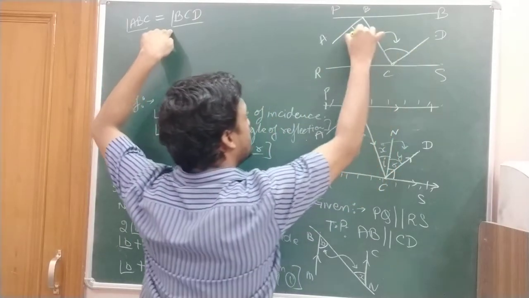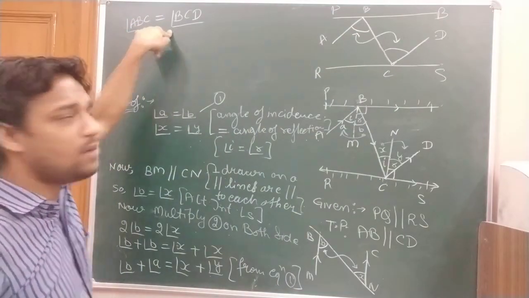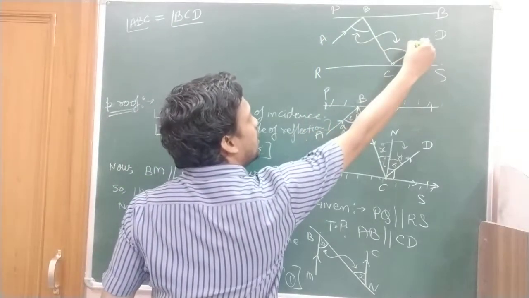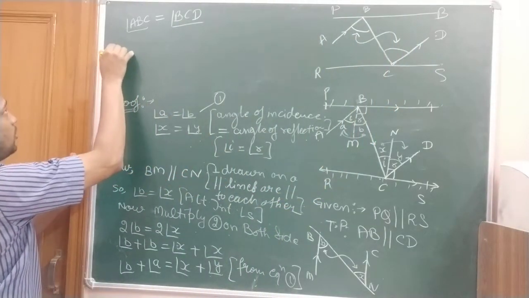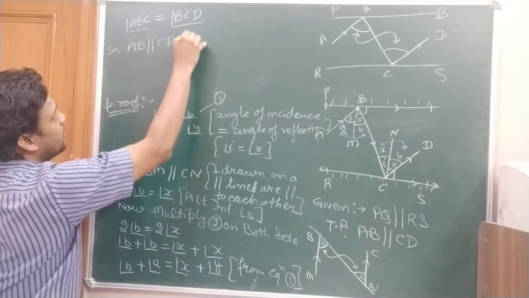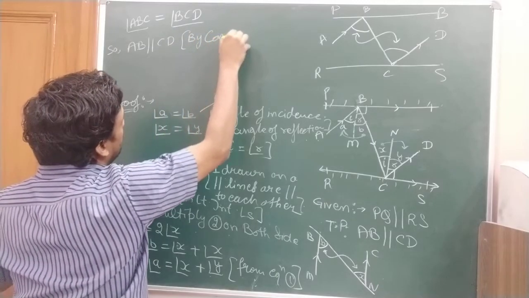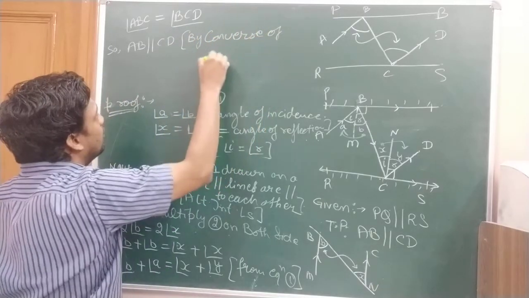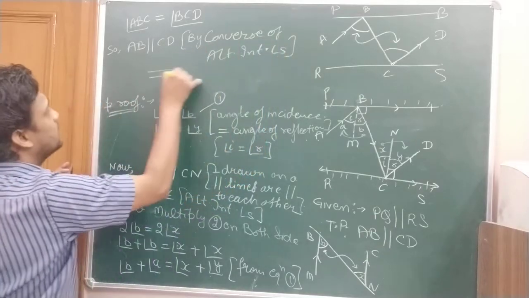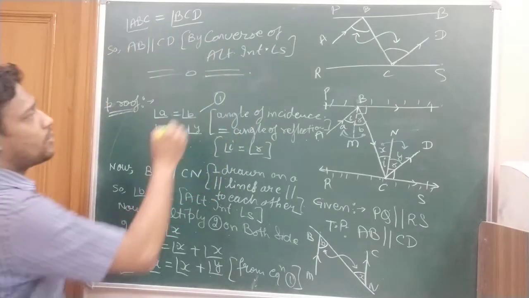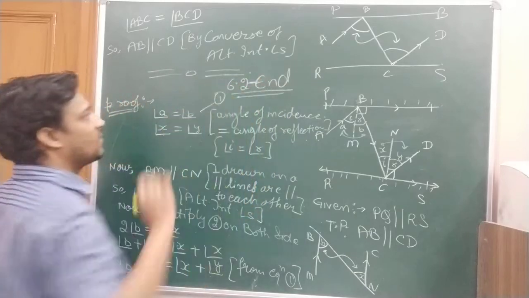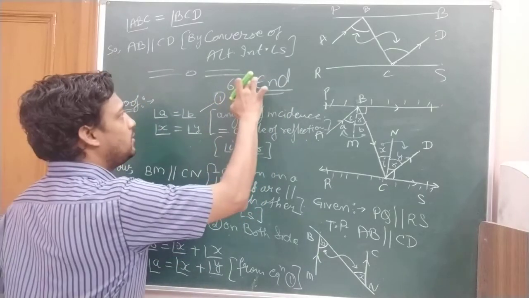Both are alternate interior angles and equal, so by the converse of alternate interior angles, AB is parallel to CD. So AB is parallel to CD. Reason: by converse of alternate interior angles. Clear? From here your 6.2 exercise ends.